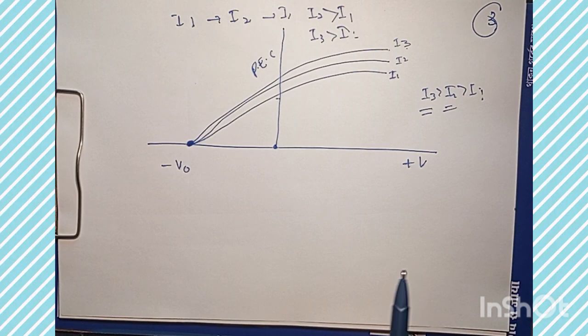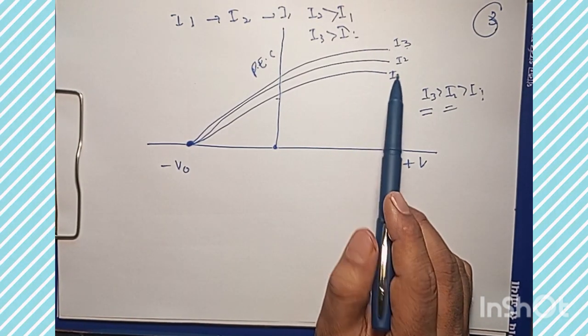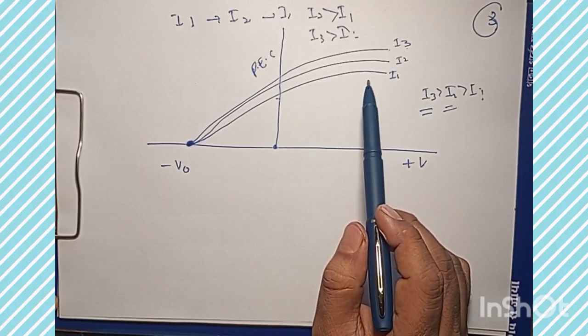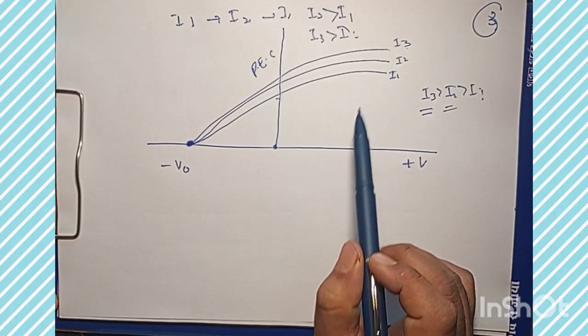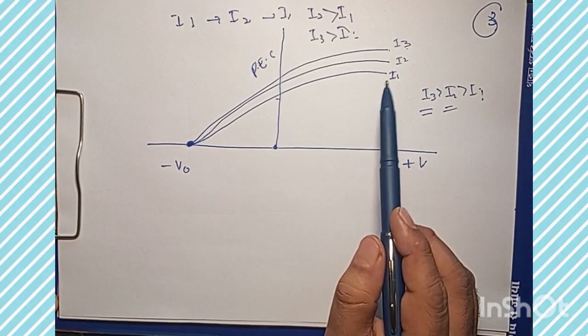So the point here is that even though we use light of more intensity, we find the stopping potential the same for all three cases.